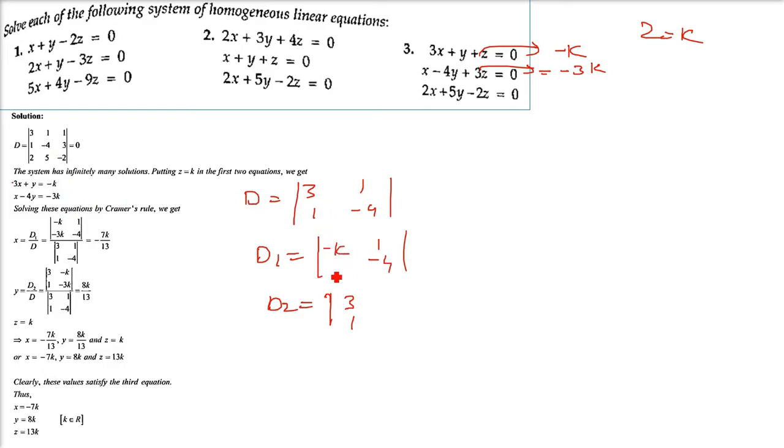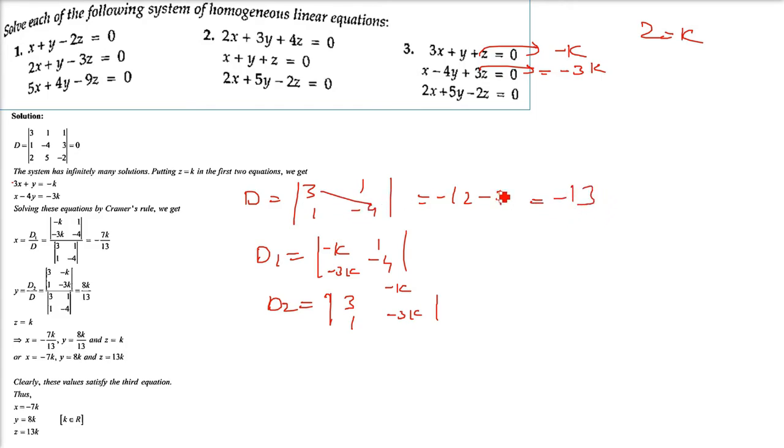Let me write minus k, 3k here, minus k, 3k here, and let us try to find out the values. So it will be minus 12 and minus 1. Minus 12 minus 1 is going to be minus 13. It is negative 13, remember. So minus 13 it is.